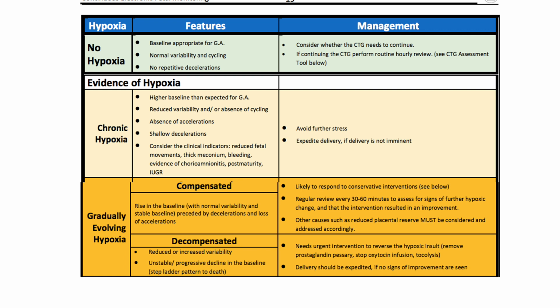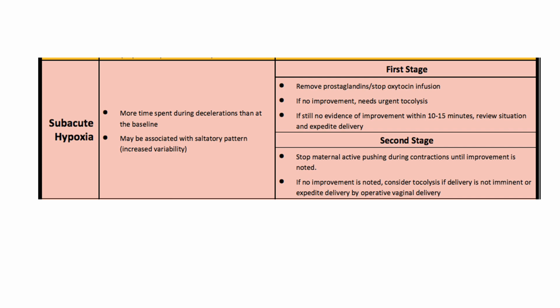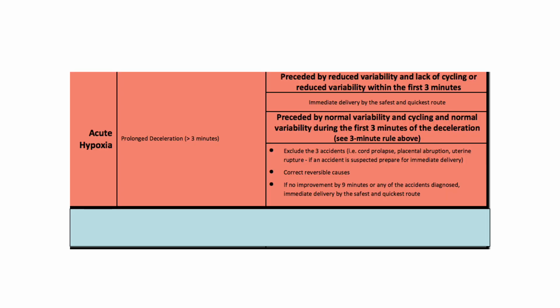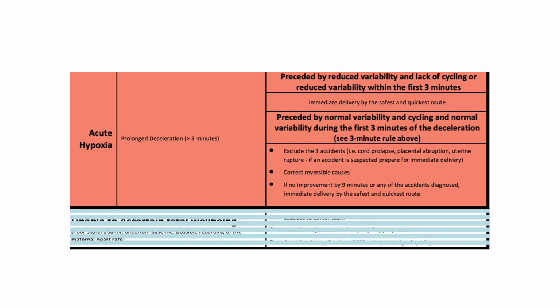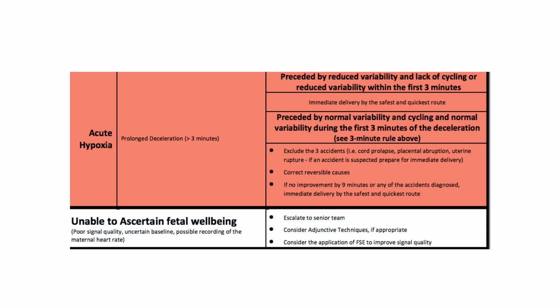Is there any evidence of a gradually evolving hypoxia or subacute hypoxia? The guideline also talks about acute hypoxia, and sometimes we may encounter certain unusual fetal heart rate patterns.